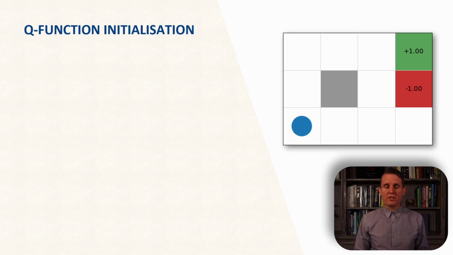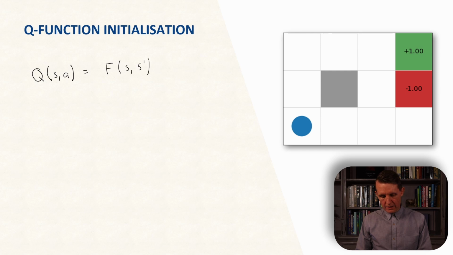We can use heuristics such as potential functions to assign higher initial values to better states at the start. So for example, if we think about our earlier example, if we defined Q to just be the potential function of S, where S is the state that results from applying action A, then we would have a very good Q function to start off with, provided that our potential function underneath was good.